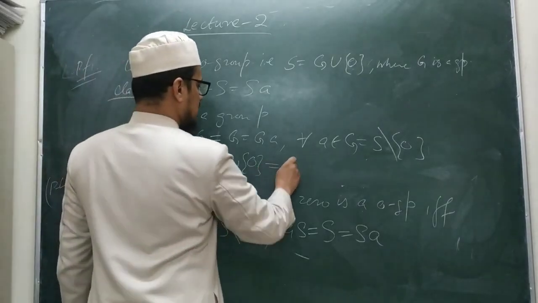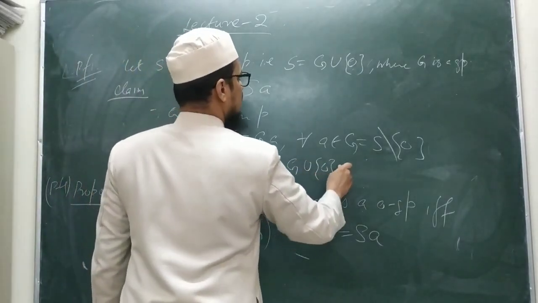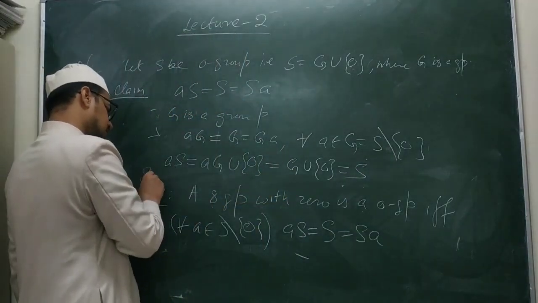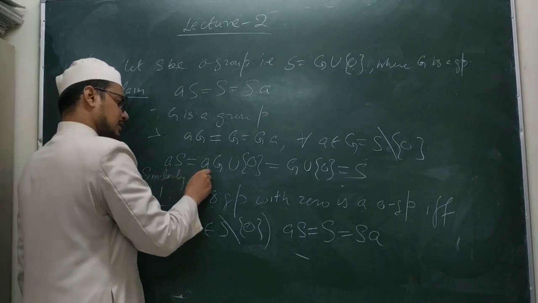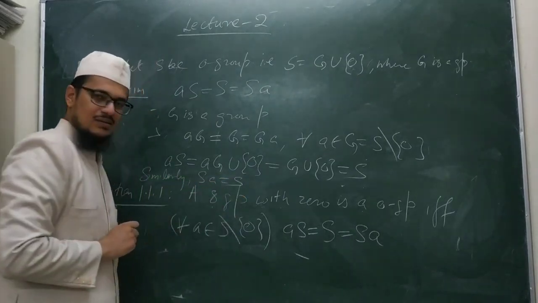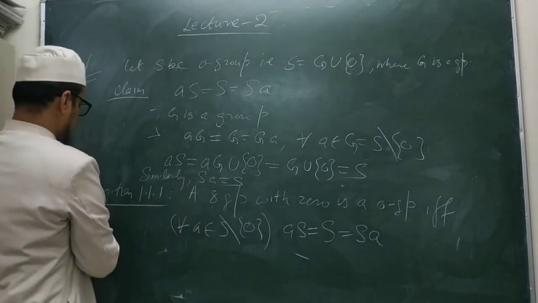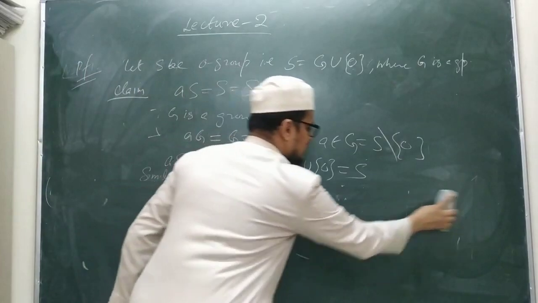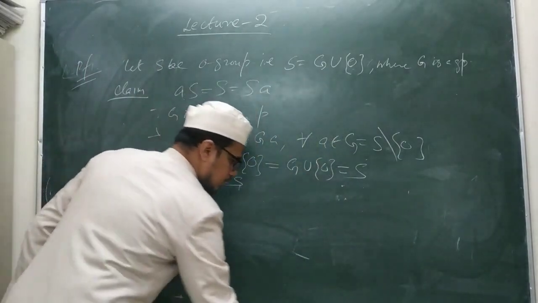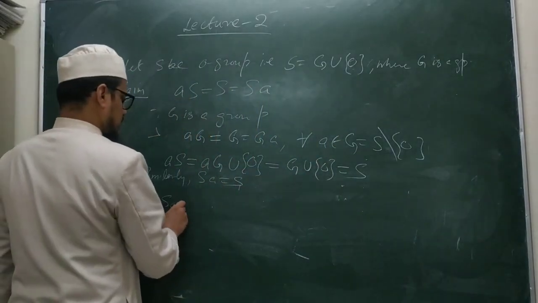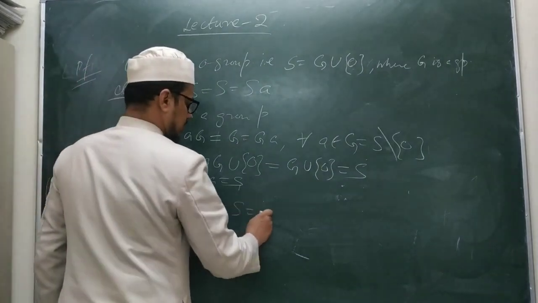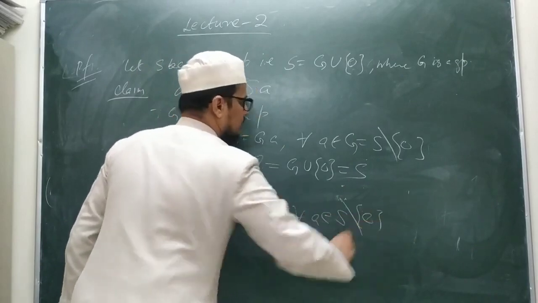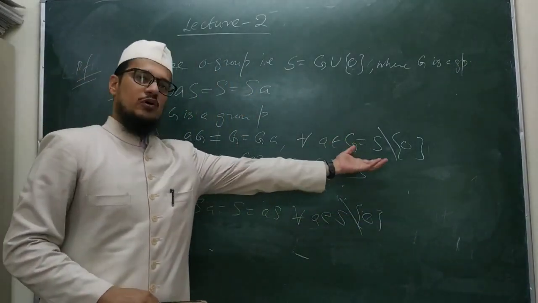And AG is G, and G union 0 is S. So AS is equal to S. Similarly, SA is S. So in this way, SA is equal to S is equal to AS for every A belongs to S minus 0, because A belongs to G, and G is equal to S minus 0.